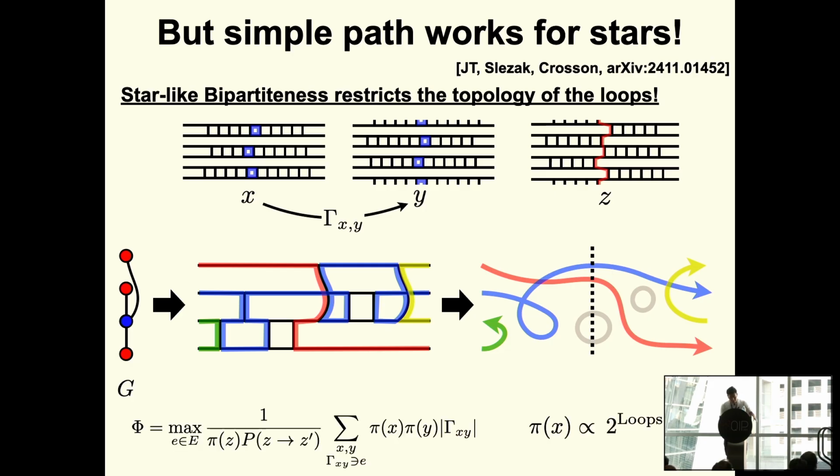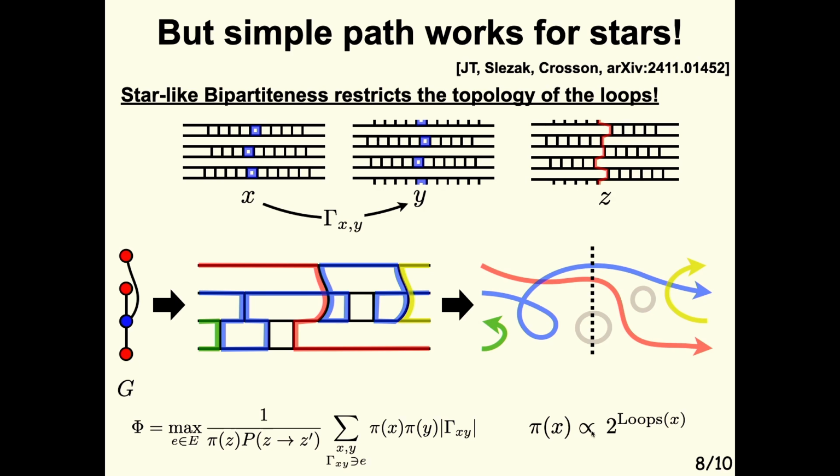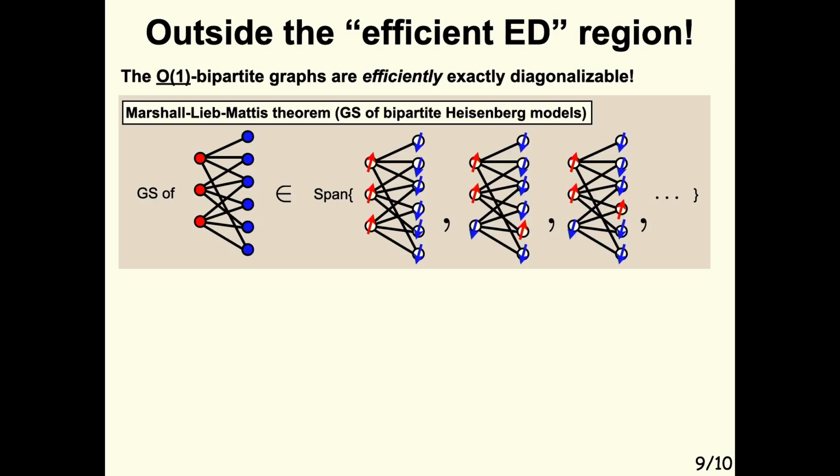So if you go back to this congestion ratio calculation, if you have at most log n loops here, then that means pi, the weight of this configuration, can still only change at most polynomially. Therefore, we can actually prove fast mixing with the Jerrum-Sinclair method.